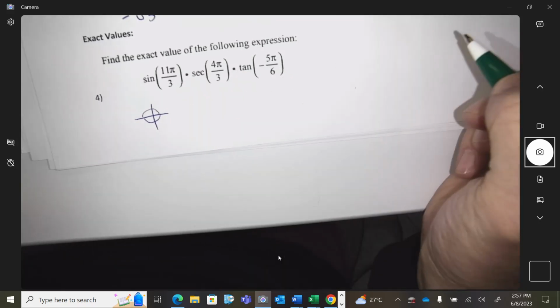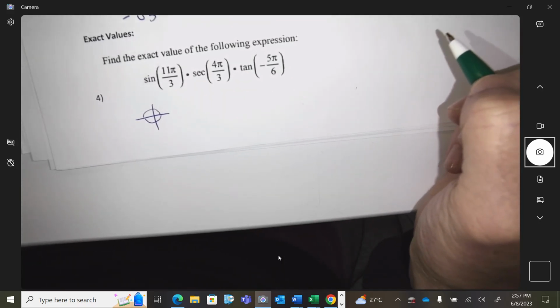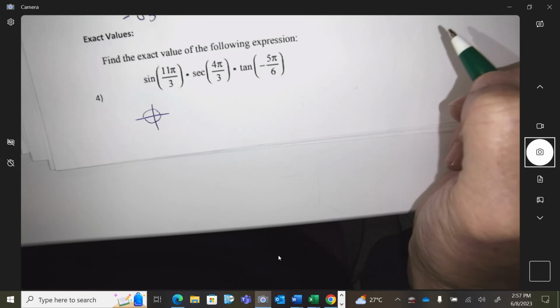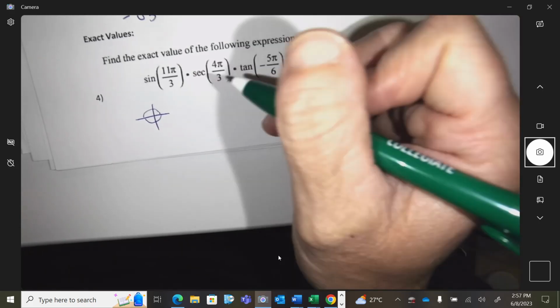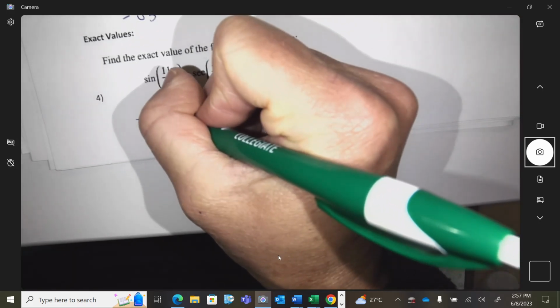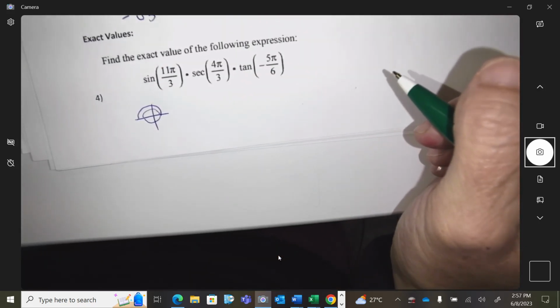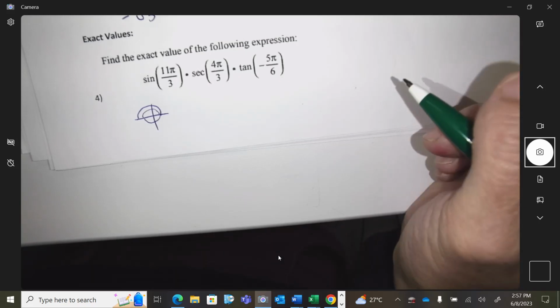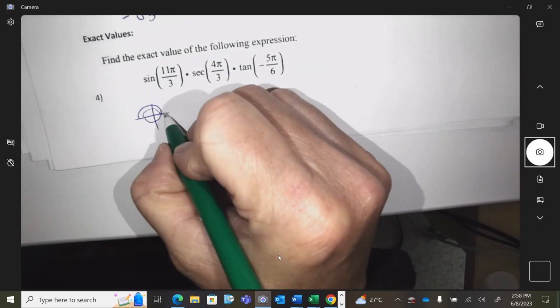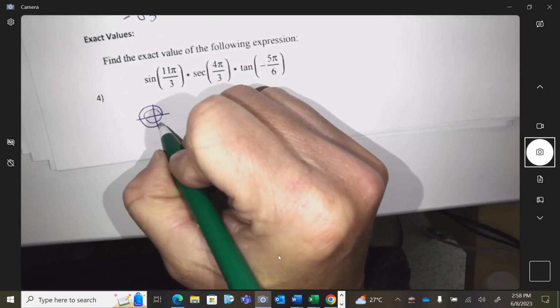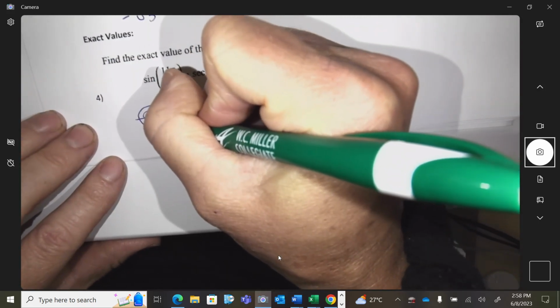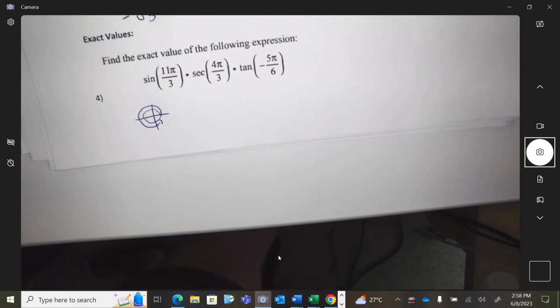A full circle is 2 pi, so that's 6 over 3. Should I keep going? 9 over 3. So the next would be 12 over 3. So I'm in this quadrant. So what's the angle that you're looking at?